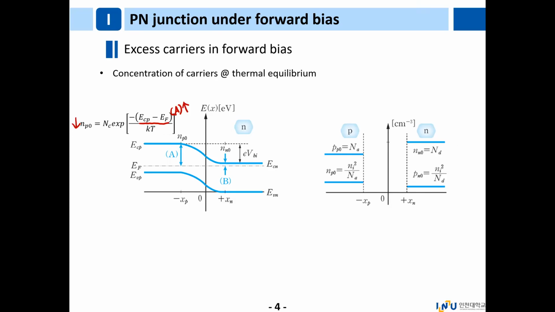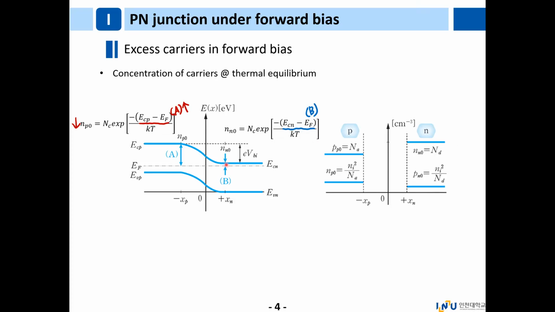On the other hand, the electron concentration in this N region looks like this, and the concentration increases as this energy gap decreases. So this would be B, right? This gap.